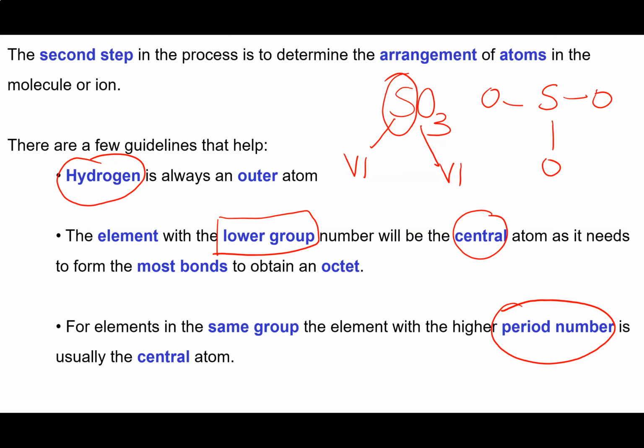Now it makes sense that the atom with the lower group number goes in the middle, because as we move to the left of the periodic table, you'll see that we get more octet vacancies. That is, we want the atom that needs to form the most bonds to go in the middle.